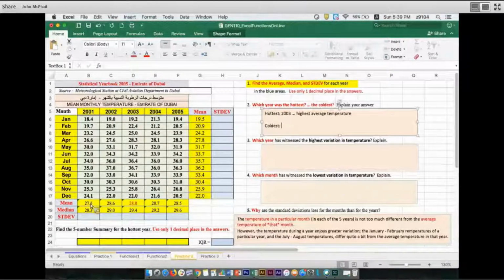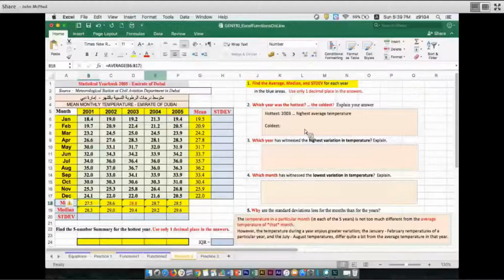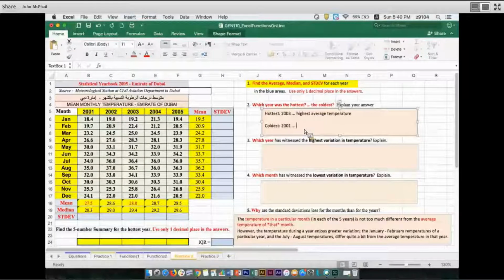Similarly, the lowest average temperature for the 5 years appears to be 2001, so that will be our answer for the coldest year. Our answers would have been slightly different if we based our observations on the median temperature for each year.